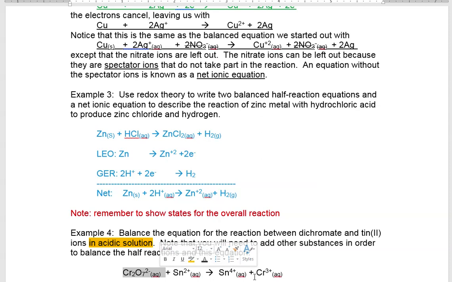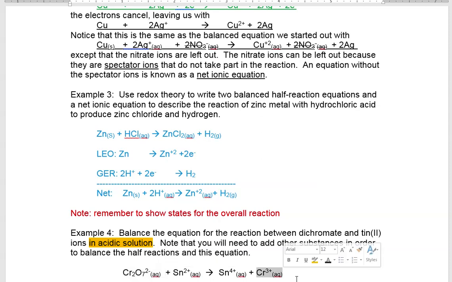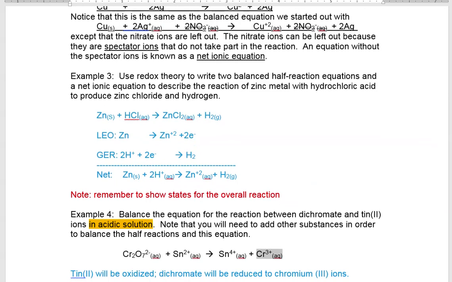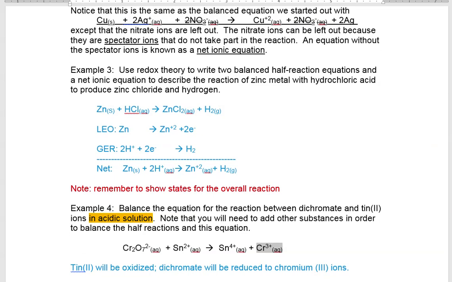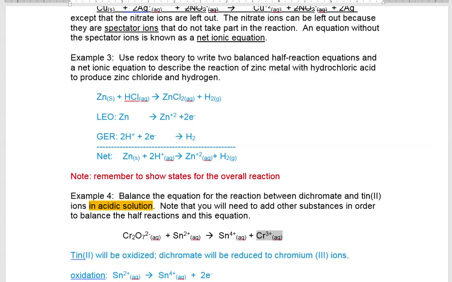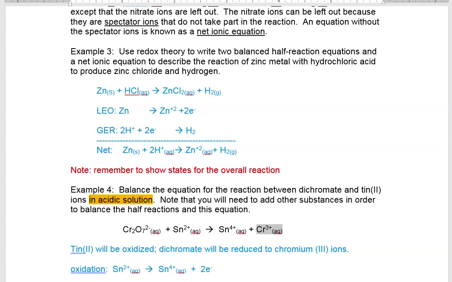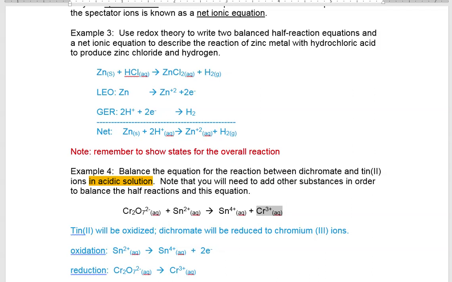So the dichromate somehow ending up with chromium 3 ions has to be reduction. We'll have to figure that one out in a little more detail, but we know which direction each is going. So we'll write down the easy one first, oxidation in this case, going from +2 to +4 and loses 2 electrons. The reduction is going to be a little more complicated because we have these extra substances involved.